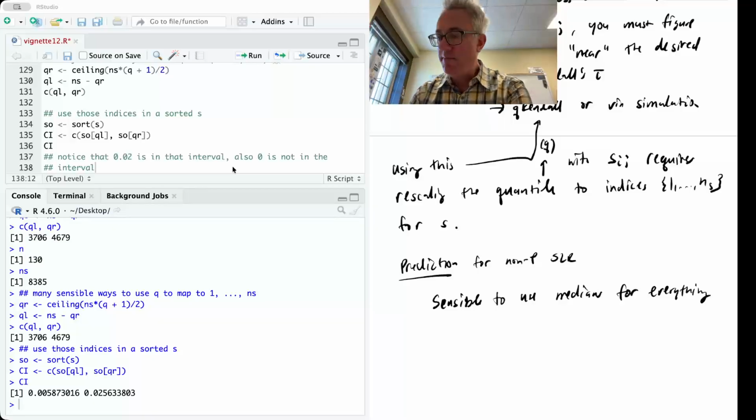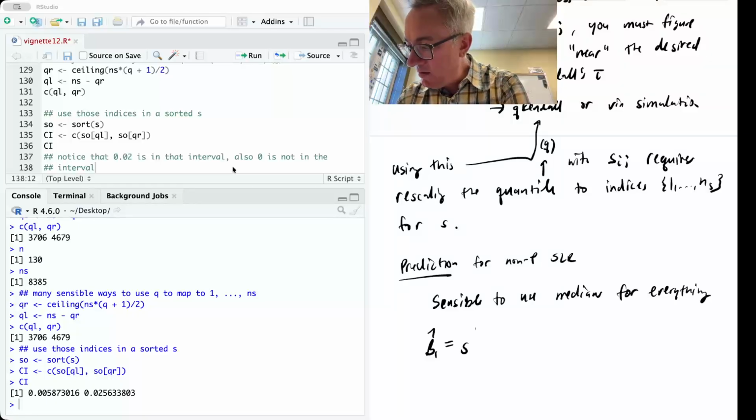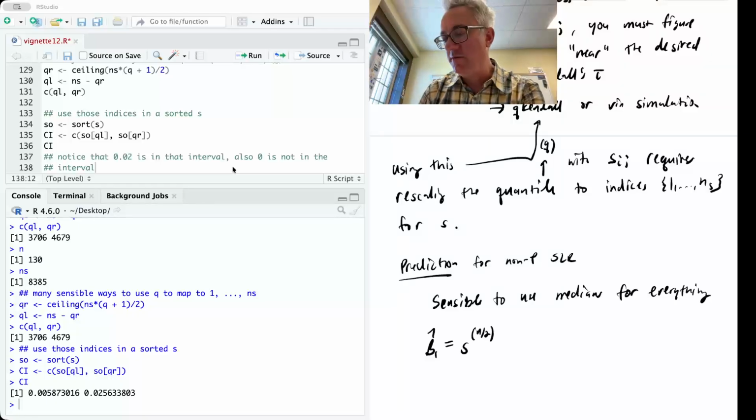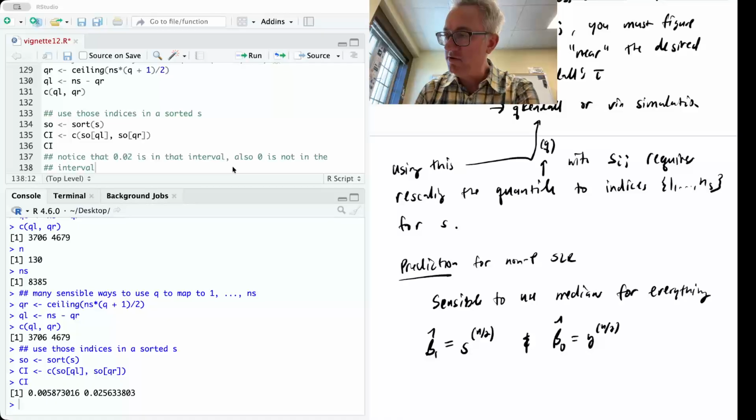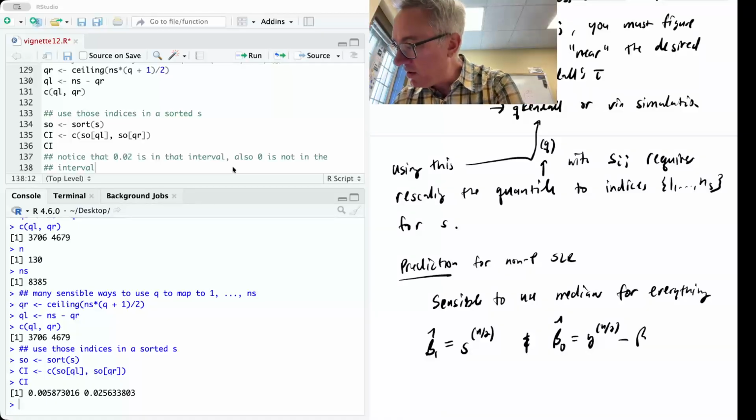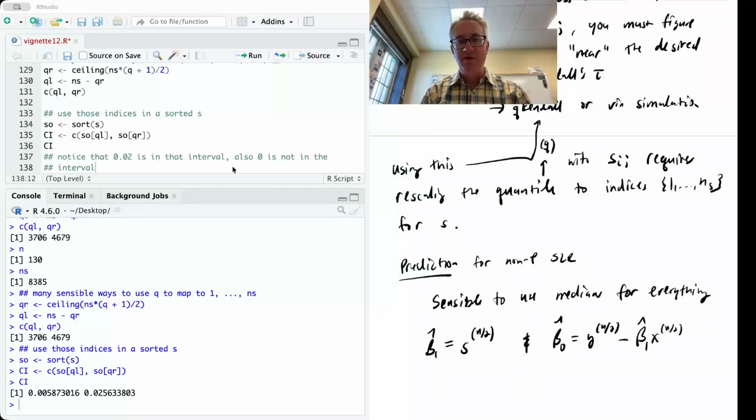This is just one possible thing you could do. What I mean by that is take as your estimate for the slope the median. This is the notation for median, the half in sorted order of slopes, and as the intercept, take the median of the y's, that is the half in sorted order of y's, minus what you just estimated for slopes, and then also take the midway or median value for the x's.